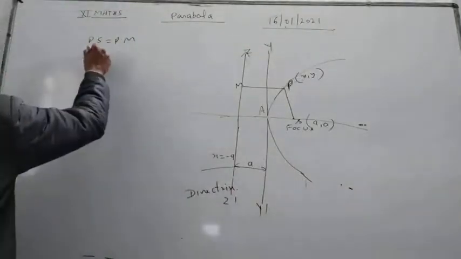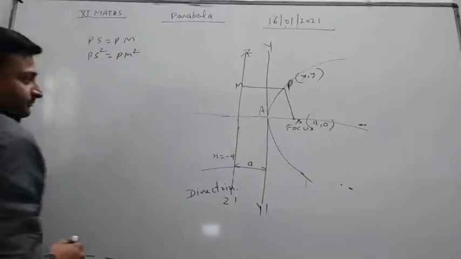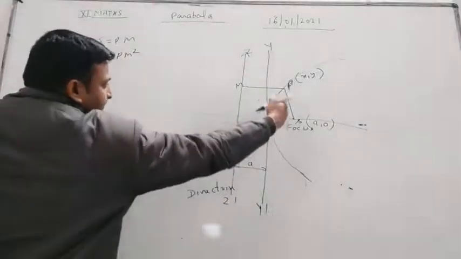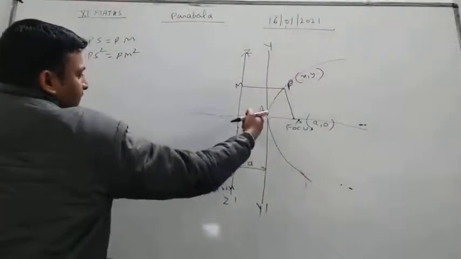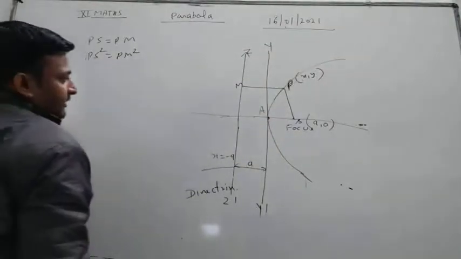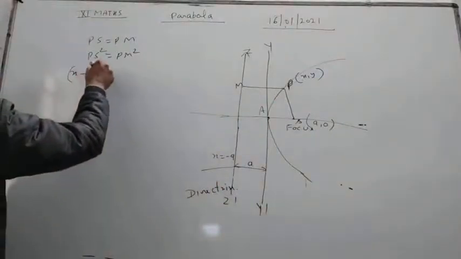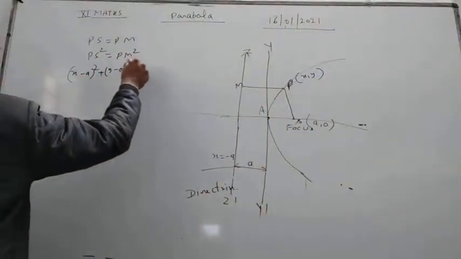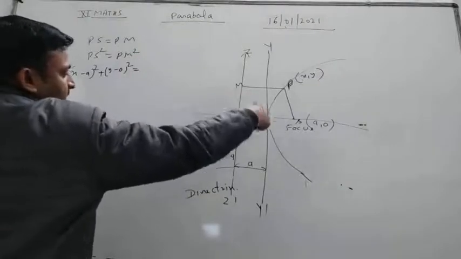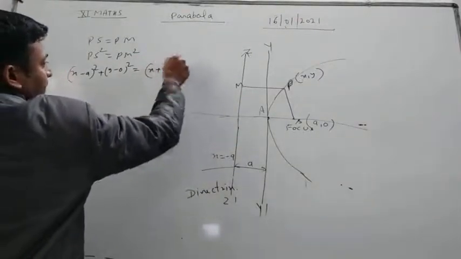So PS square will be equal to PM square. This is our focus, this is the point, and this is the origin. Now PS square is the distance between 2 points, so we can write (x minus a) whole square plus (y minus 0) whole square is equal to PM square. PM will be (x plus a) whole square.